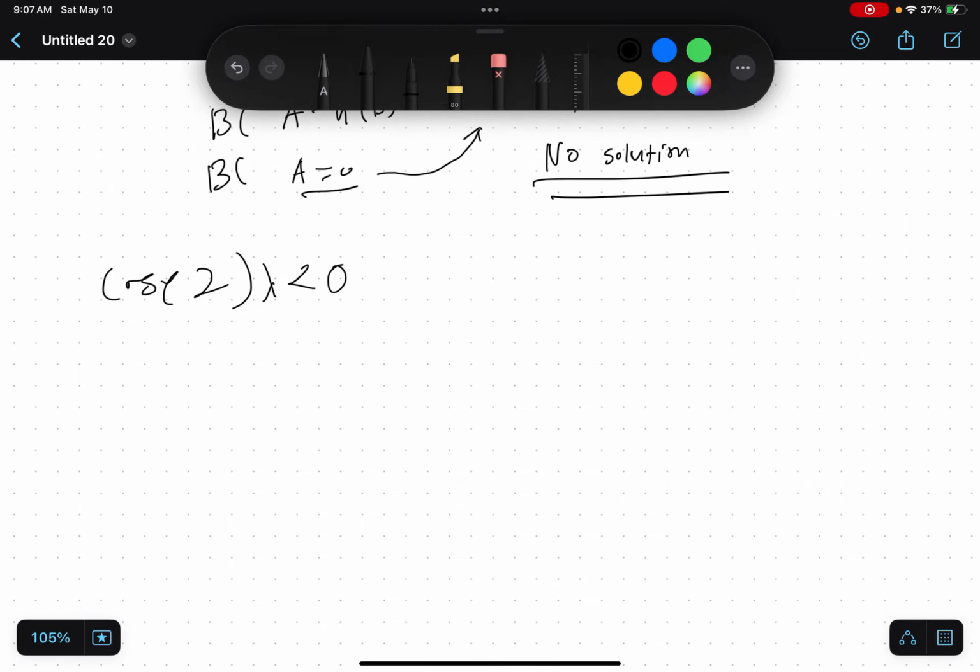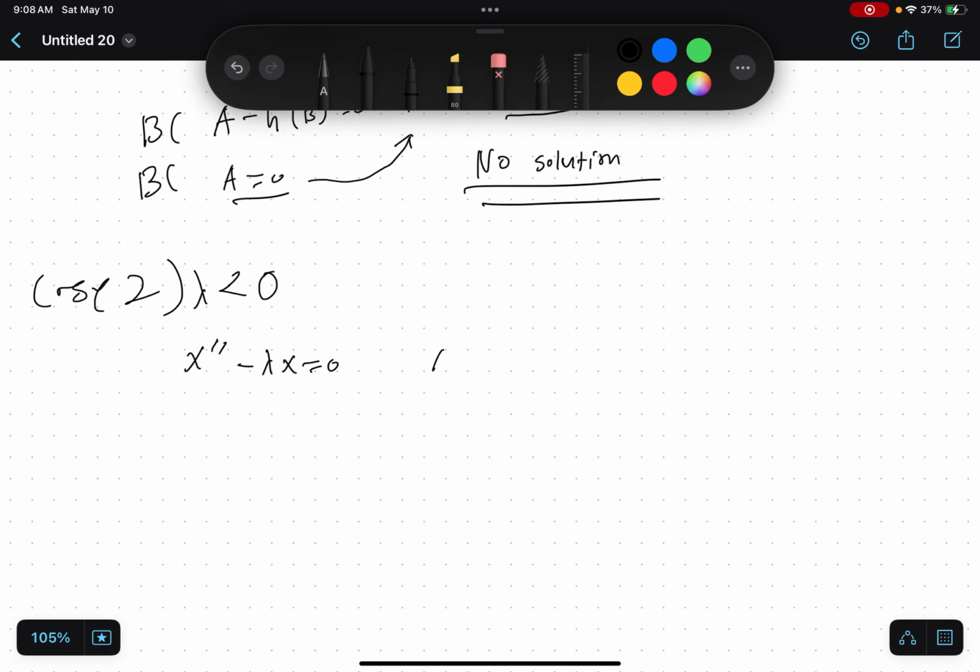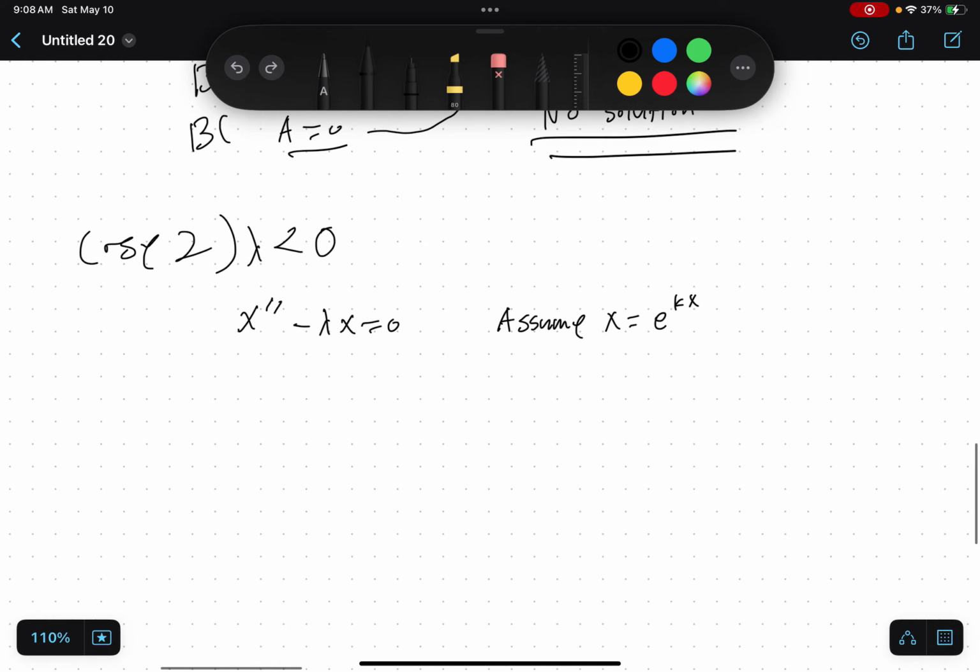So this would mean that our equation is x double prime minus lambda x equals 0. So normal differential equation, assume x equals e to the kx. Normally we say e to the lambda x, but we already have a lambda, so I just picked another letter. I picked k.